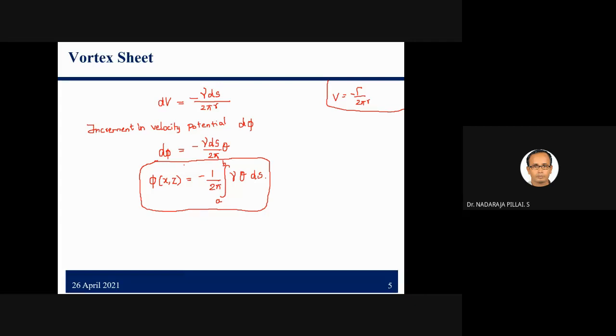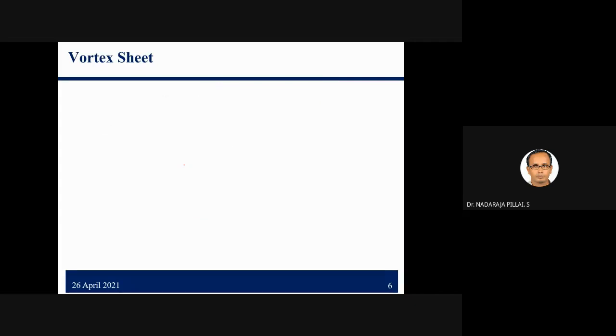Now the circulation. We already know gamma is the circulation around a point vortex, which is equal to the strength of the vortex. So the circulation around the vortex sheet is the sum of the strength of all the elementary vortices.